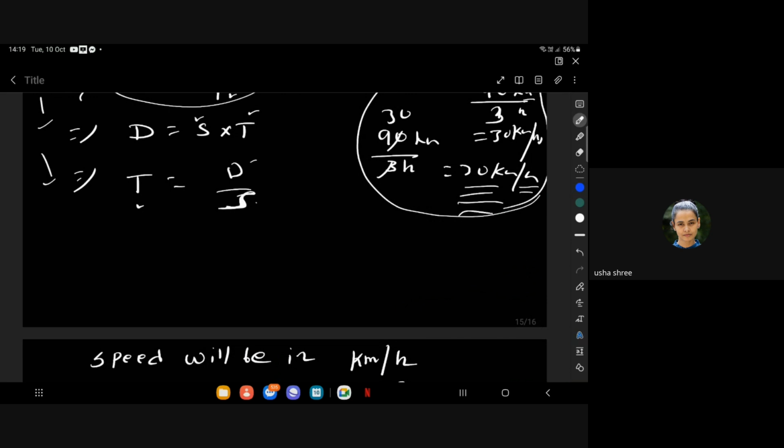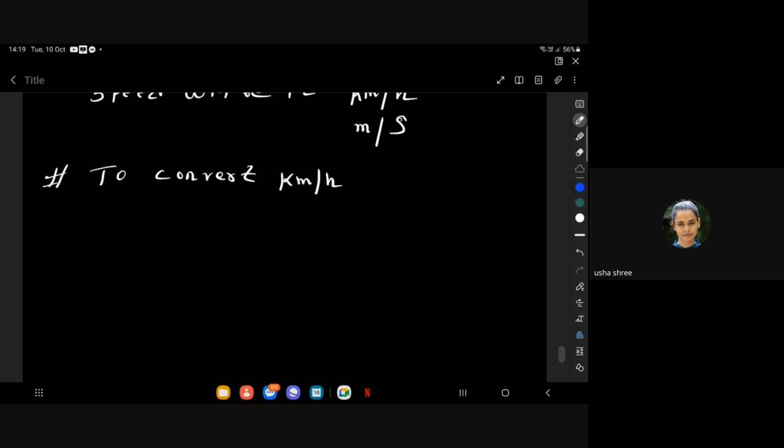But if they ask you to convert the speed into meter per second, that time you have to use this formula. To convert kilometer per hour to meter per second, what you have to do? Multiply by 5 by 18. Remember this.